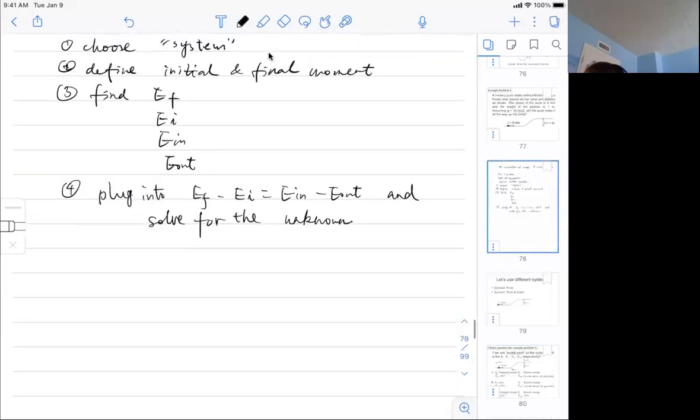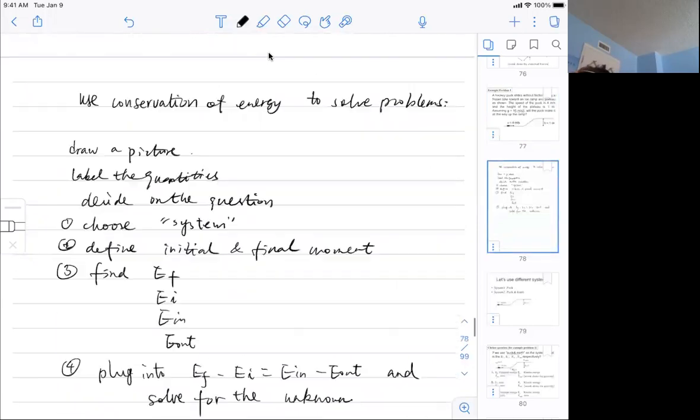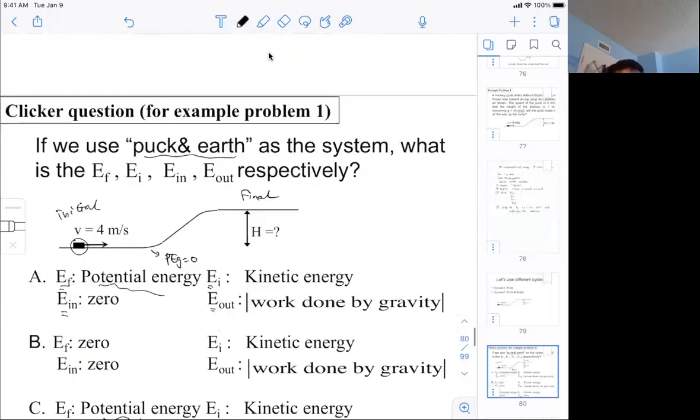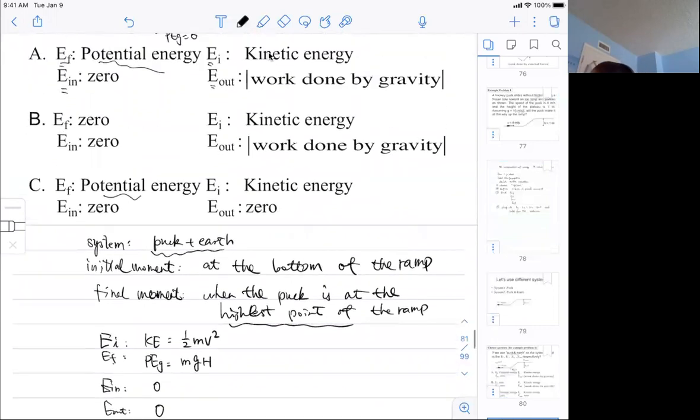Here we're talking about a puck going up an ice ramp, which indicates there is no friction, right? So there's no energy output. The work done by kinetic friction will always be energy output. So these two are all zero. Looking at the responses, C is indeed the correct answer. We'll talk about the other choices later, but let's first solve this problem.